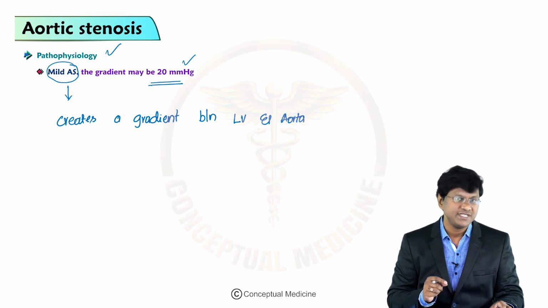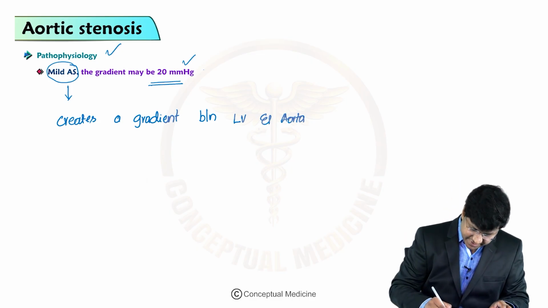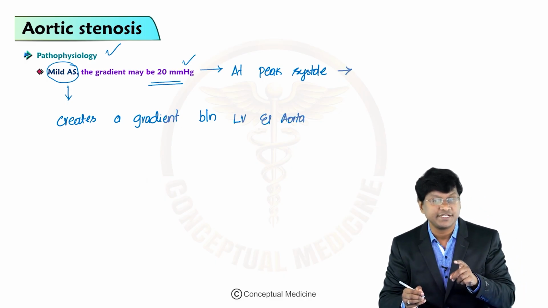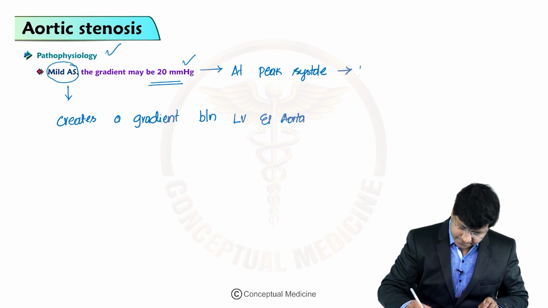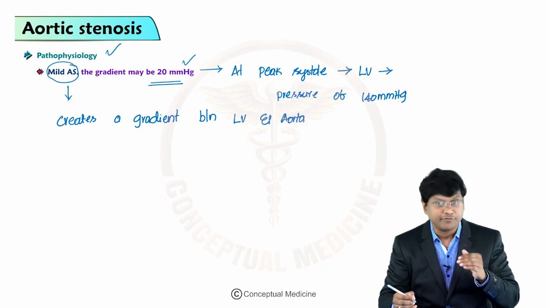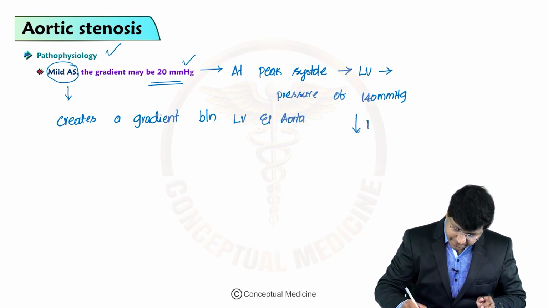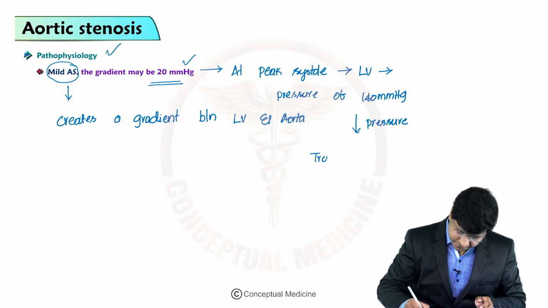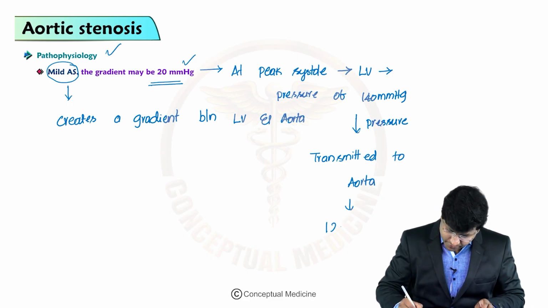Now what does that mean? This means that at peak systole, while the left ventricle may generate a pressure of 140 millimeters of mercury, the pressure that is transmitted to the aorta will be only 120 millimeters of mercury.